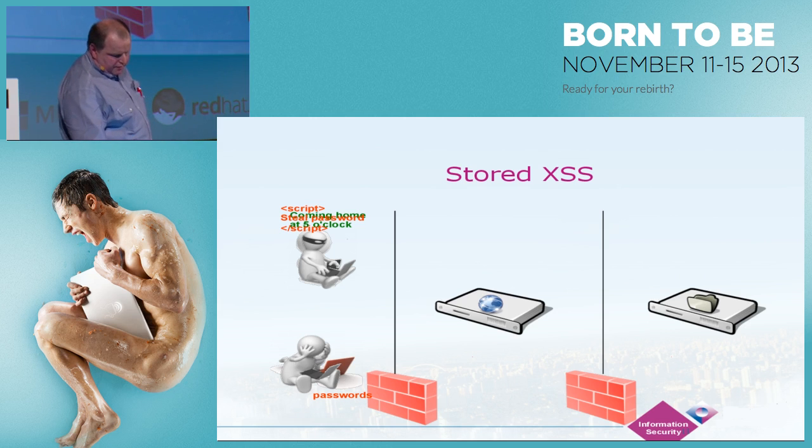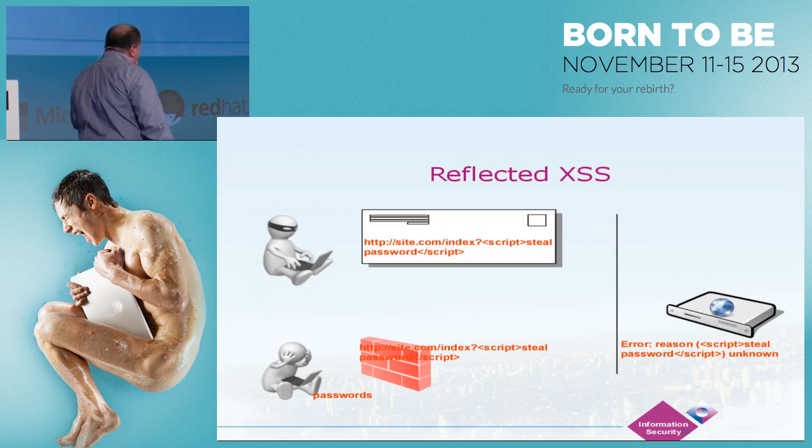The victim checks his forum, and now he will download that script, and that script is not visualized, but is now interpreted by the HTML page, and the passwords will be stolen. Damn. That's stored cross-site scripting. Stored cross-site scripting is very, very bad, because that stays in the database for a very long time. Well, the rest of the life if you have bad luck.